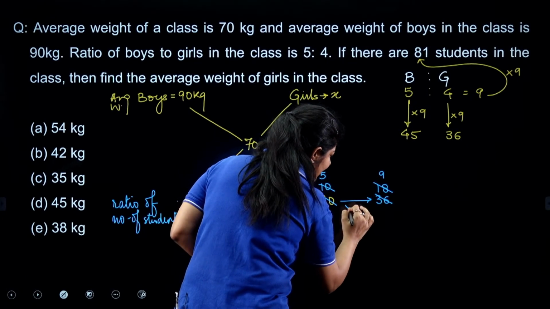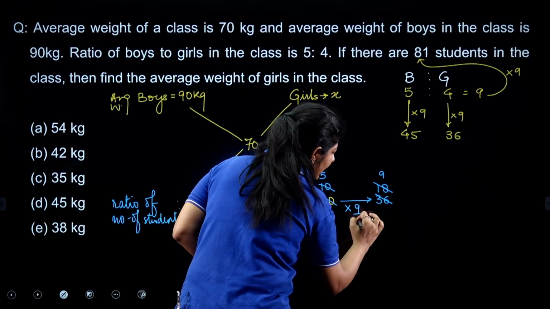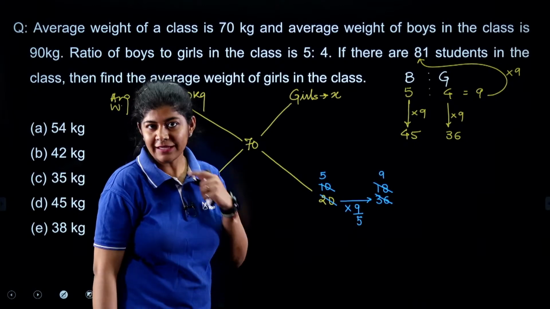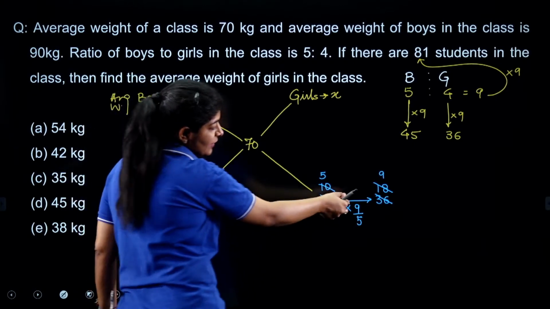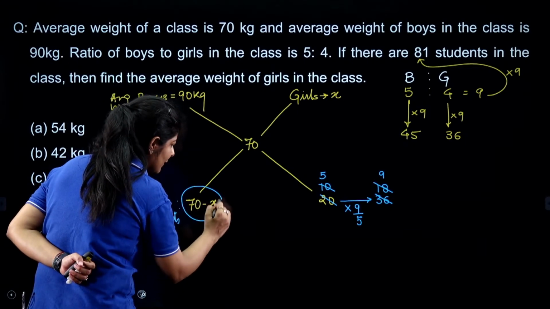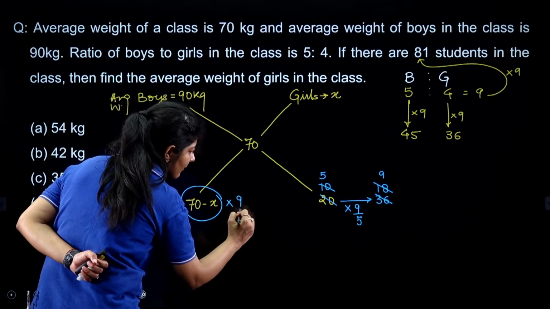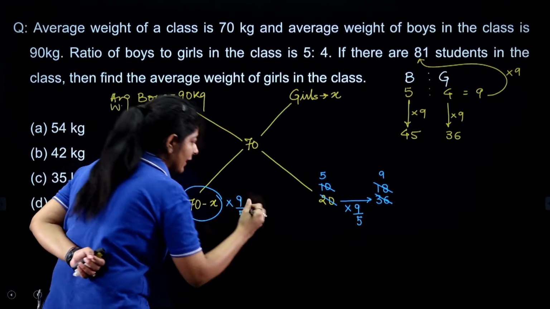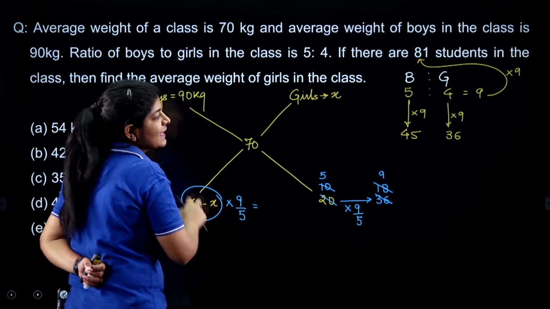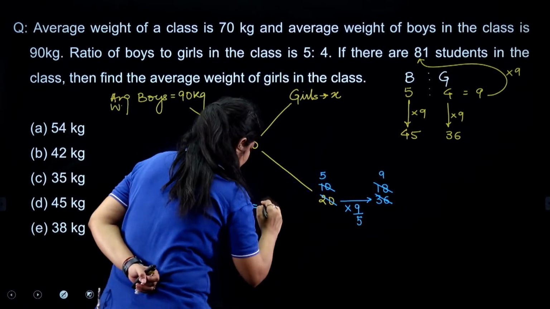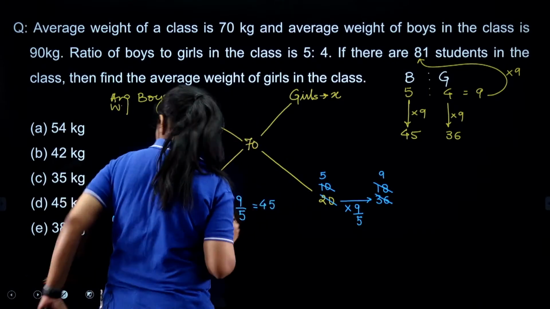So it is present on the multiple of 9 by 5. If this value is present on the multiple of 9 by 5, that means this value is also present on the multiple of 9 by 5. And if so, we should equate this value to 45, right?